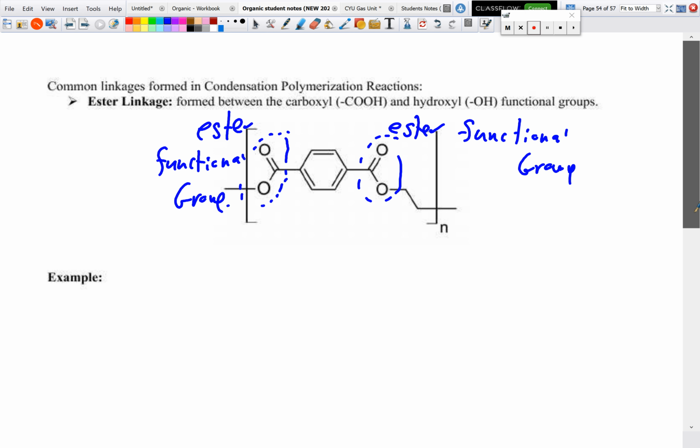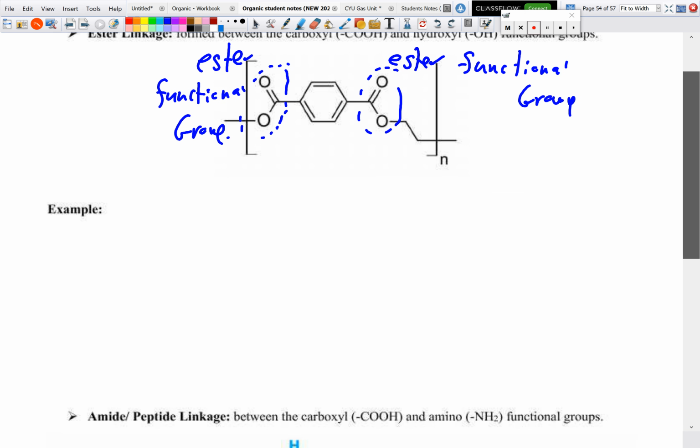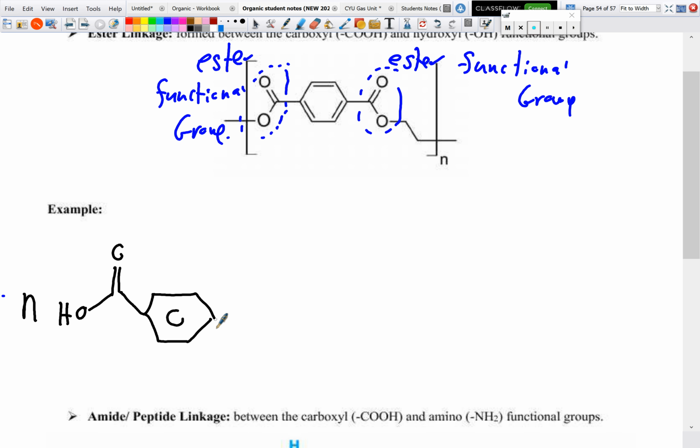So how this is going to look is that, with bigger examples, you have to make sure that if you see something like a carboxylic acid, where we get any number of some sort of carboxylic acid, you will notice that we need to have two functional groups come together.